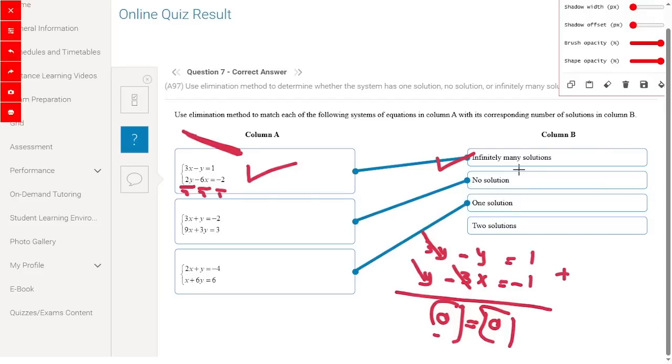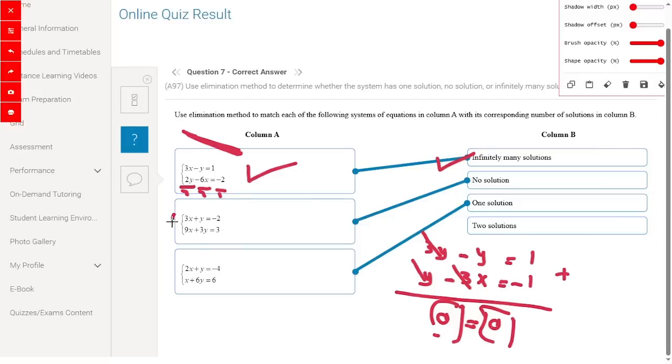Now let's take this one. I have here 3x plus y equal to minus 2 and 9x plus 3y equal to 3. So this one, let's say that if we need to eliminate, we have here 3x and 9x.